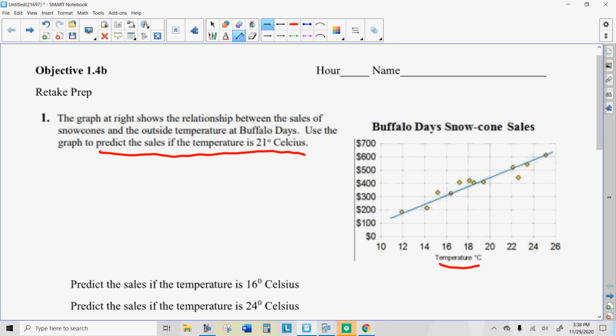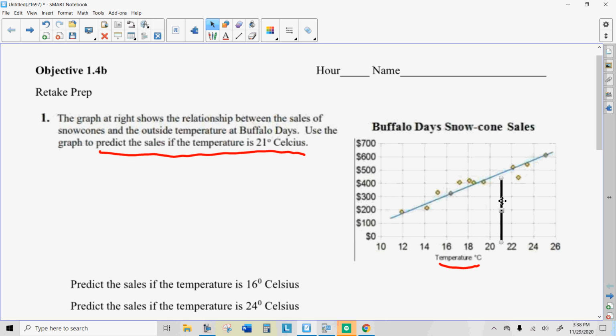I'm thinking that would be right about there, right in the middle. So there's 21. We're going to go up till we hit the line, and once we hit the line, then we're going to go over to the y-axis and just estimate that value.